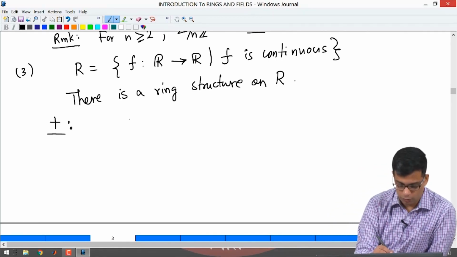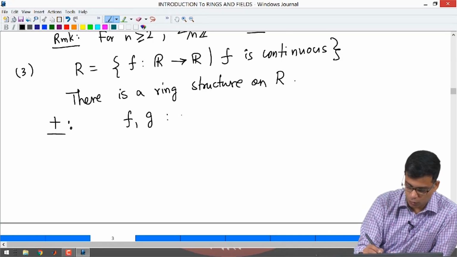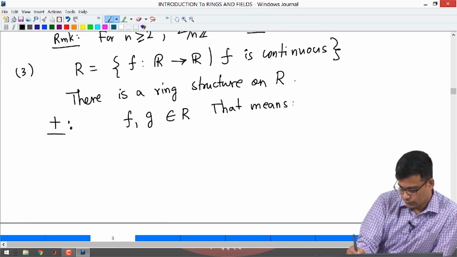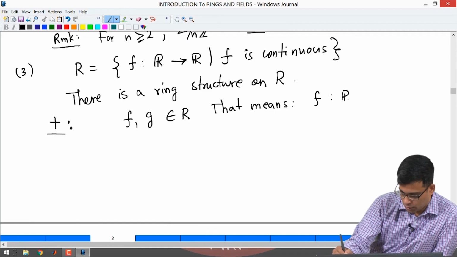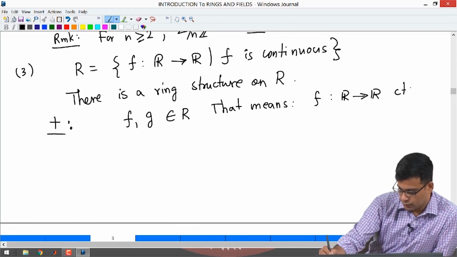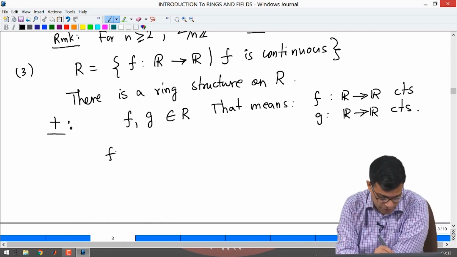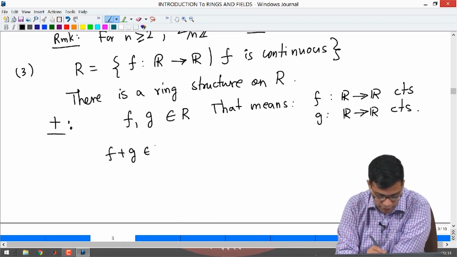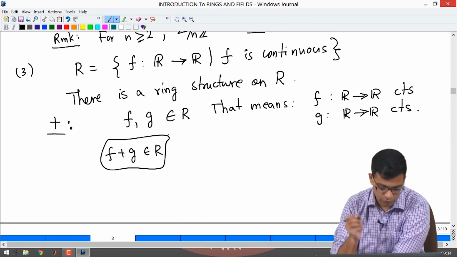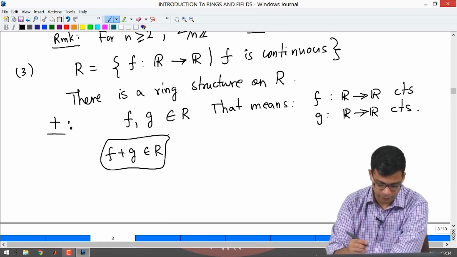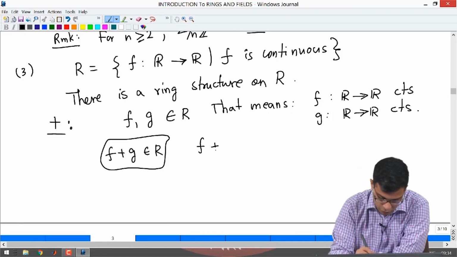Let us take two continuous functions, f and g, both inside R. That means f is a function from R to R which is continuous, so is g. I want to define f plus g, and I need it to be in R. I want to define a function which I call the sum of f and g. There is an obvious thing to do.